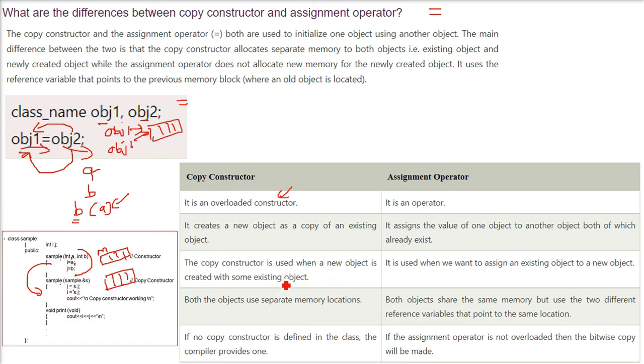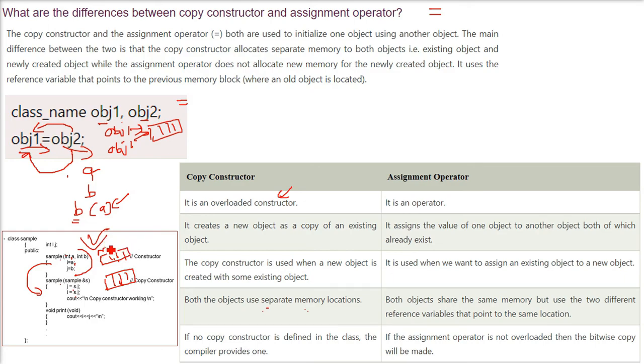This is very important. I told you already one more thing: both objects in the copy constructor use separate memory locations. But in the assignment operator, both objects share the same memory, and use two different reference variables that point to the same location.